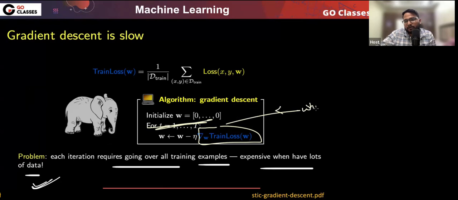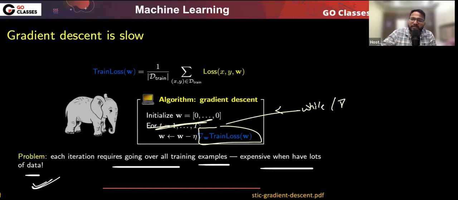They say while the gradient of the train loss is almost equal to, say, 0.5, I mean, the mod of this is greater than or equal to 0.5, something like this. I mean, if it is approximately 0.5 or lesser, then I should stop. This stopping criterion is up to you. Don't worry about it.